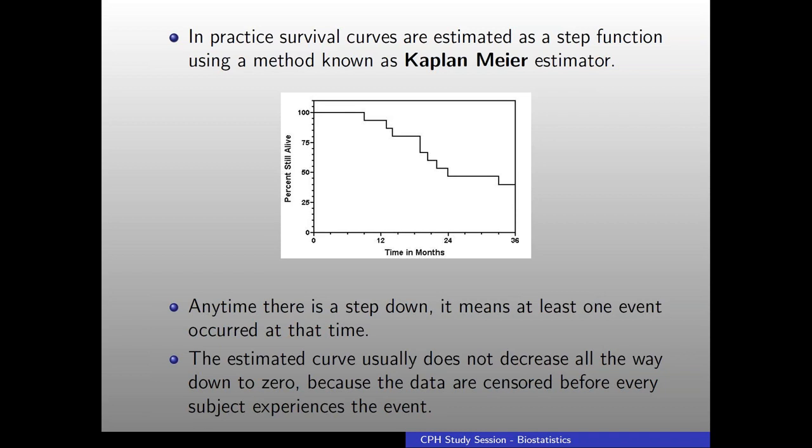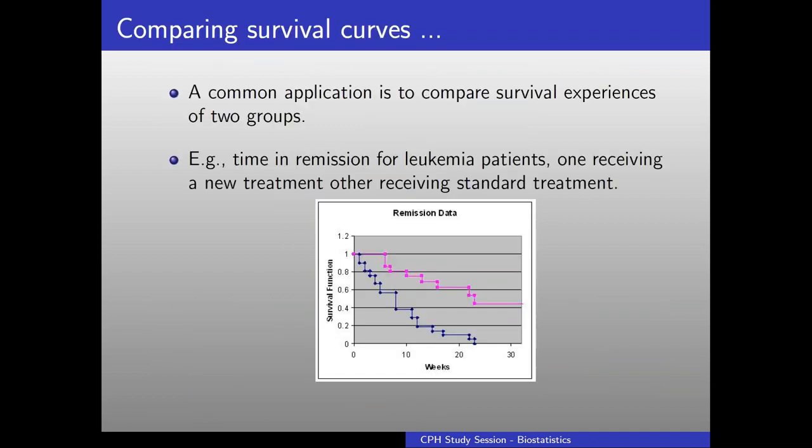So a Kaplan-Meier curve can be used to visualize the survival experience of a group of people. Now, if you have more than one group, for example, one is getting a treatment and one is getting placebo, and you want to compare their survival experiences, you could draw two Kaplan-Meier curves, like I've done here.